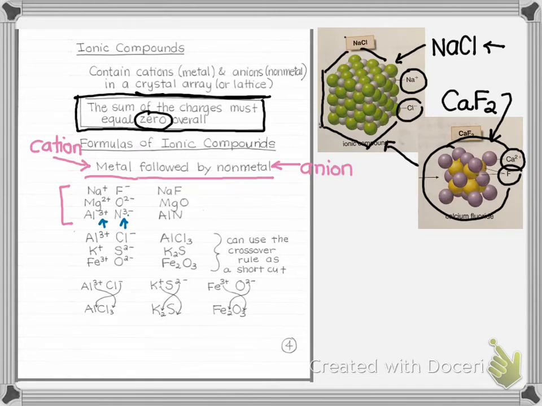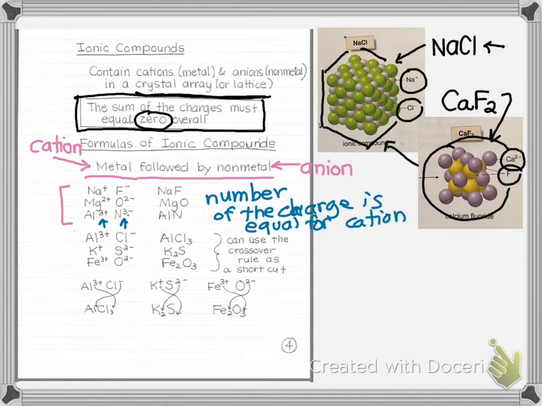So in this first example, I want to rephrase that. If the number of the charge is equal for the cation and anion, then it's a 1-to-1 ratio.